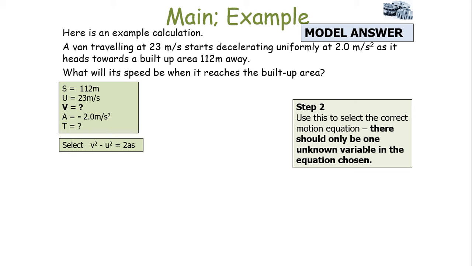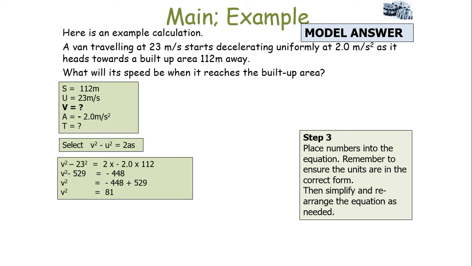So we then select the correct equation. Once again, T is an unknown variable, so you can't use that first equation because then you have two unknown variables in your equation. You pop your numbers in, and again, you simplify both sides and then you rearrange, because it's a lot easier to rearrange once you simplify the numbers.